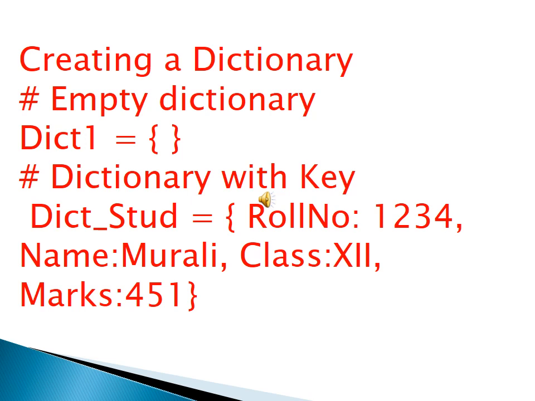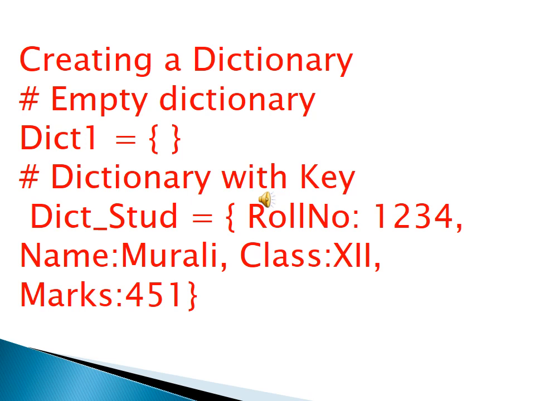The next one, dictionary with key. Inside the curly braces, we are going to define some keys. So students, what is the dictionary name? student equal to roll number. You should give your roll number.